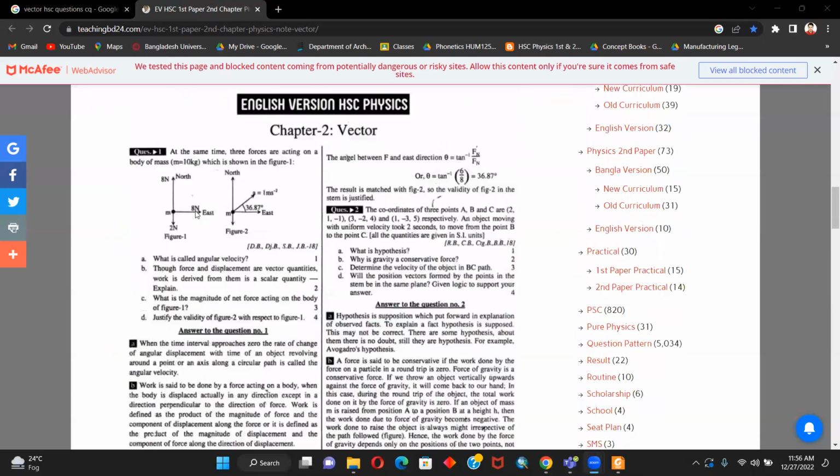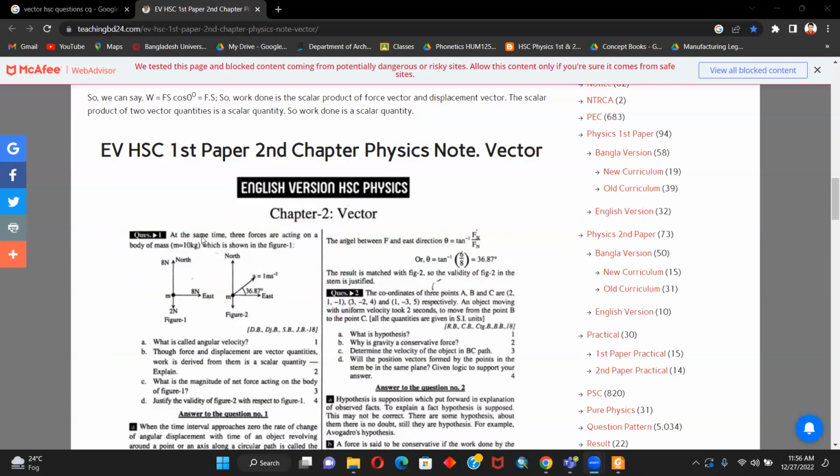Forget about it, you don't have to calculate the weight. So 2 Newton force is working in the south direction and 8 Newton in the north direction. Between these two forces, if we calculate the resultant force, in which direction and what amount of force will work between 8 Newton and 2 Newton? Forget about the force acting in the east.